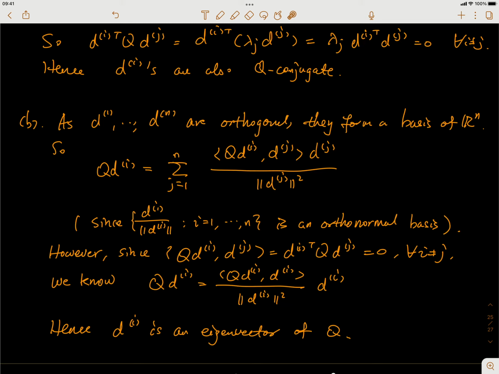All the other n minus 1 terms are gone, since the di's are orthogonal to each other. The only one left is the di term.